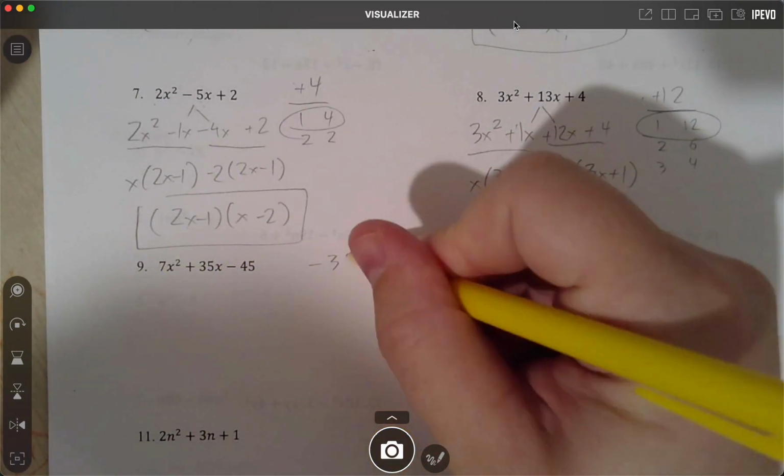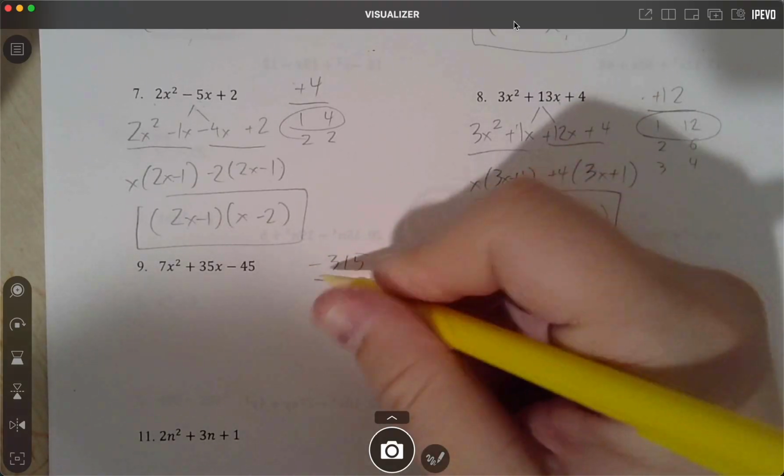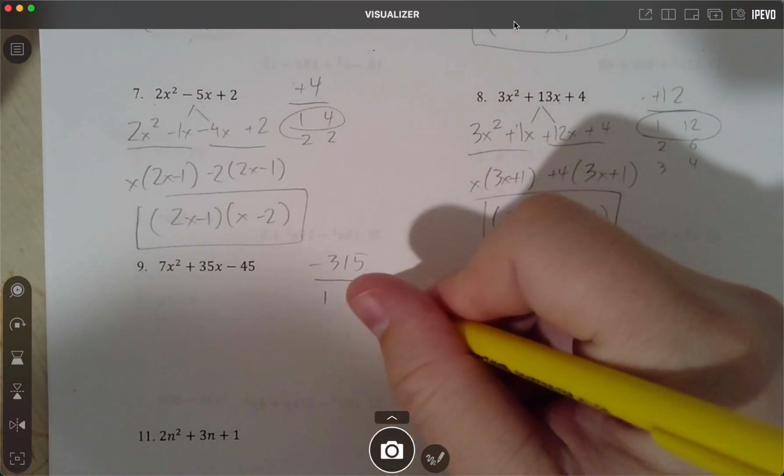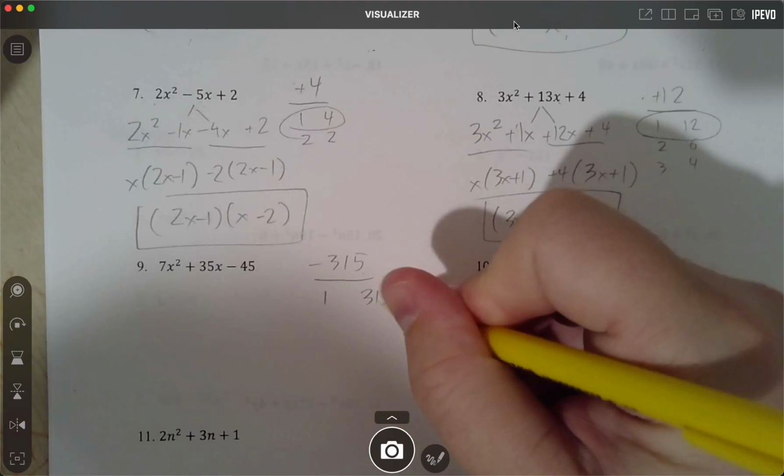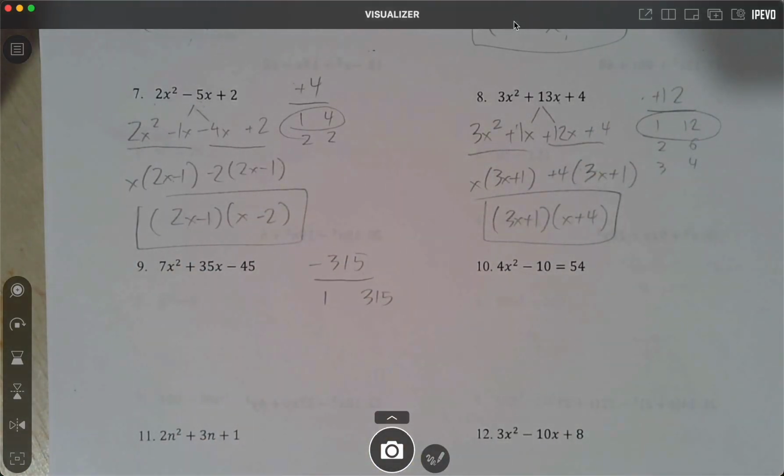7 times negative 45. Uh-oh, this is negative 315. This one's hard to break down. There's 1 and 315. 2 doesn't work, and that shouldn't be surprising because they're both odd numbers.